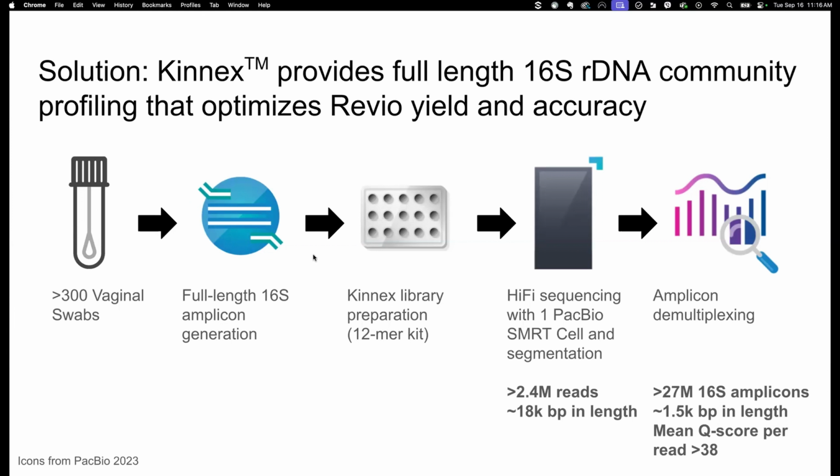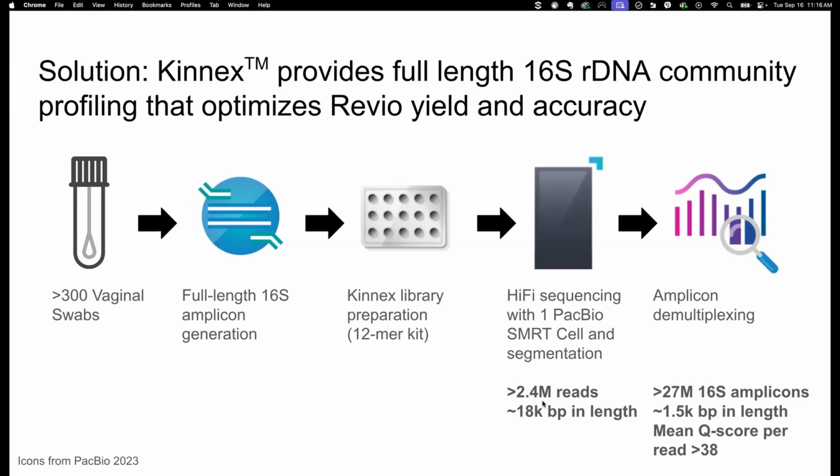Effectively, what the technology does is it allows you to take advantage of the high throughput of these new high volume PacBio machines like the Revio, while also optimizing for the output and the accuracy of these instruments. So effectively, the 16S amplicons are generated, they're concatenated, and then run on these machines.